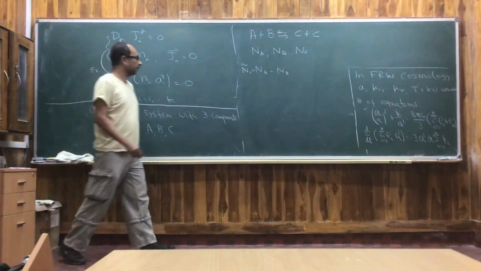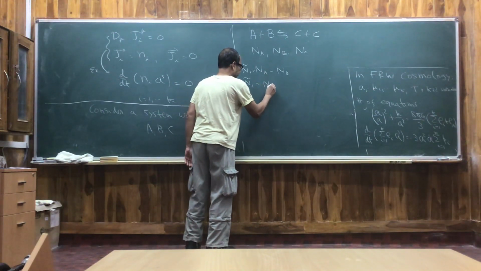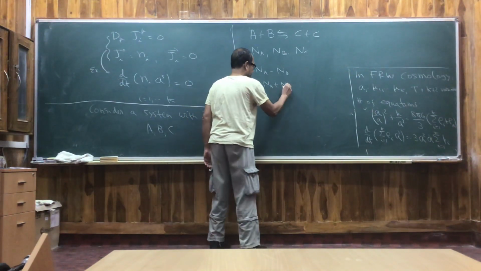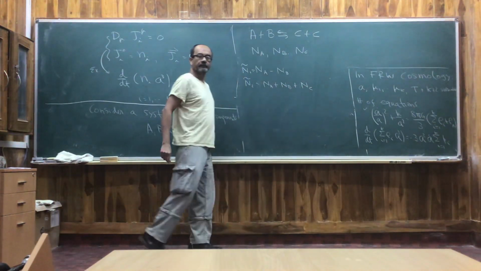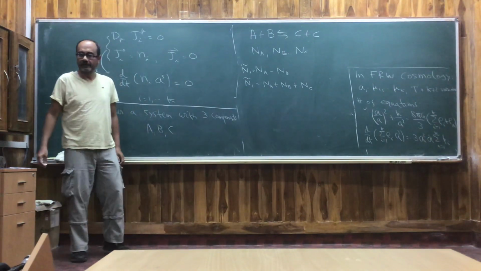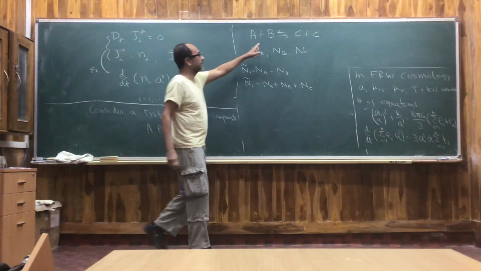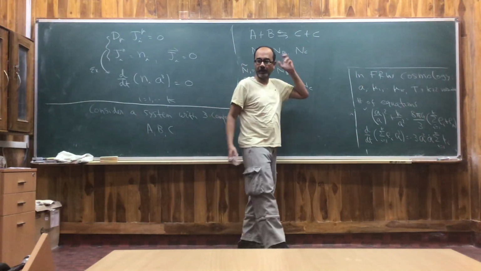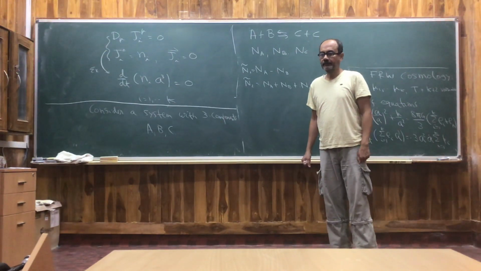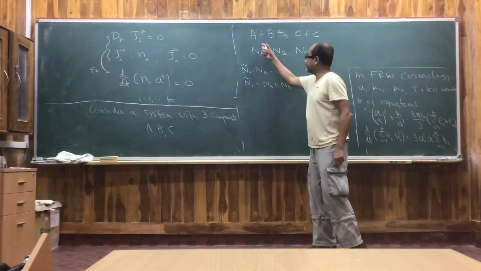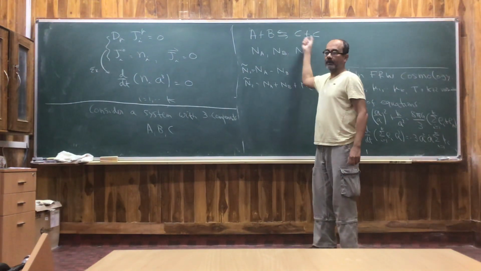Similarly, you can check that the combination Na plus Nb plus Nc is conserved. That is the total number of particles. Two particles lost, two particles gained in this process. Is that clear? This process will reduce Na and Nb by 1 each, but will increase Nc by 2, so this is unchanged.